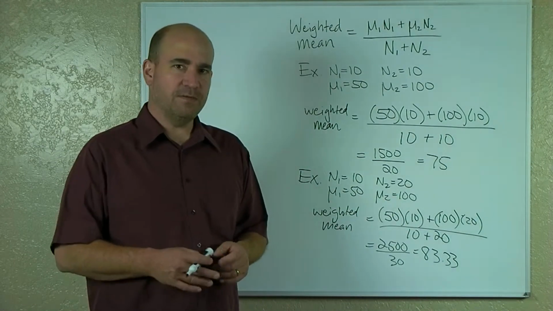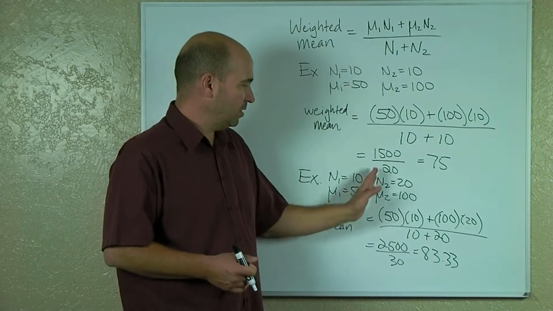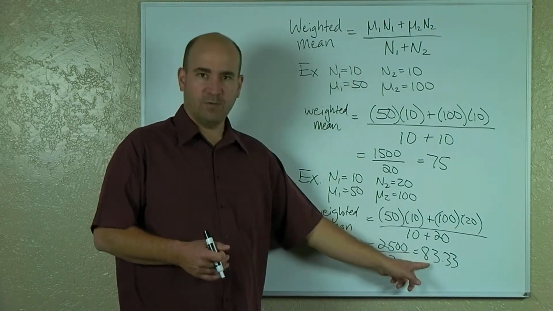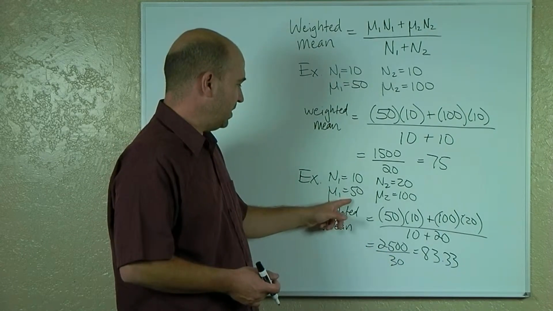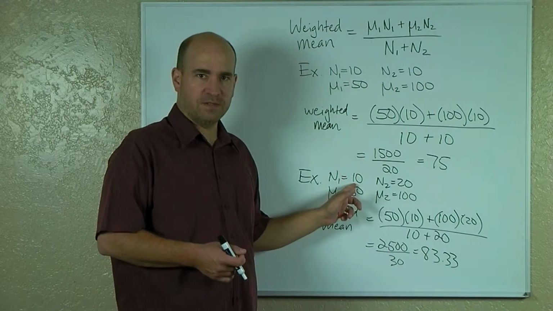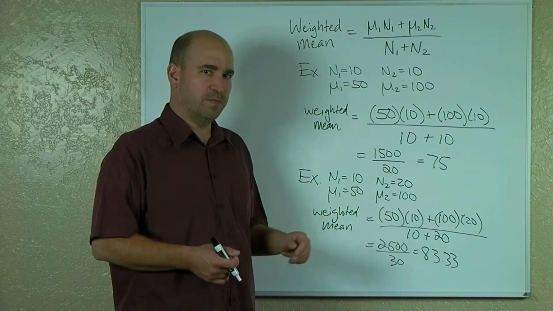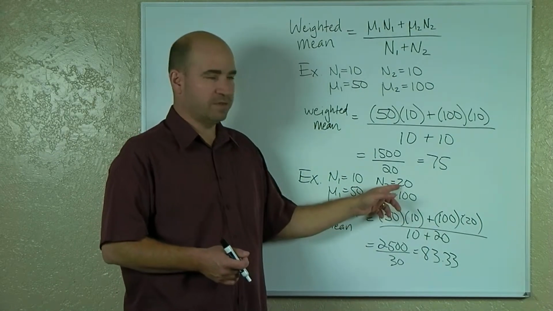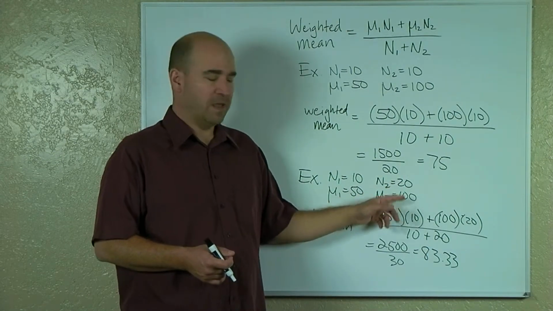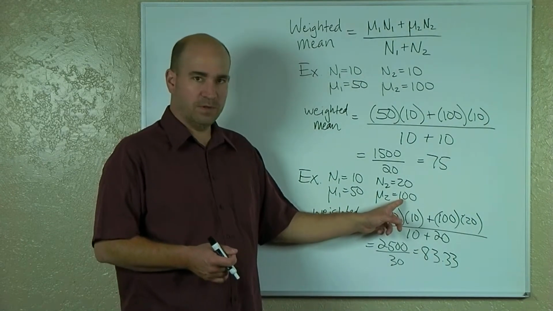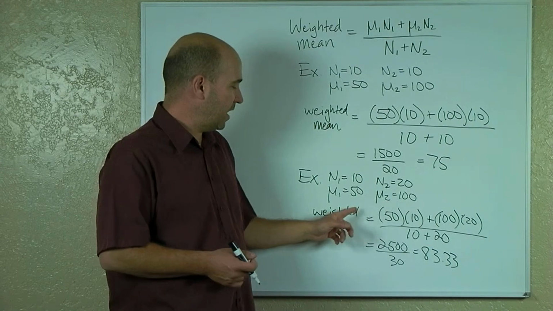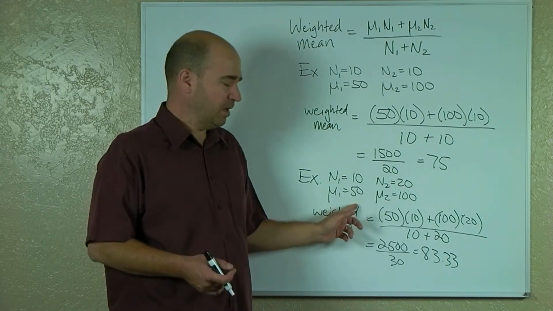So you should ask yourself, which of my two groups is this weighted mean closer to? Is it closer to the mean of the group with the smaller sample size? Or is it closer to the mean of the group with the larger sample size, the second group? And I think you'll see 83.33 is closer to the mean of 100 than it is to the mean of 50.